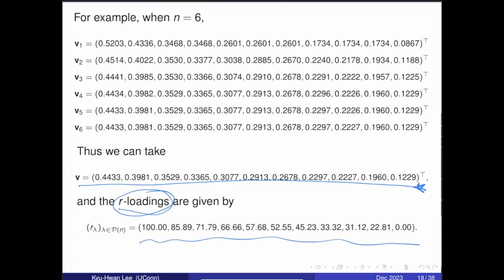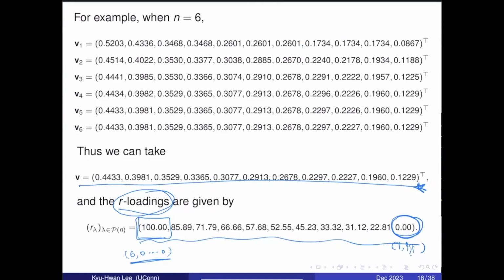Then as you can see, the first partition, 6, 0, 0, 0, 0, has a score or R loading of 100. And then 1, 1, 1, 1, 1, 1 has a score of 0. I mean, here score means R loading. It's because 6 is important to measure similitude, but 1, 1, 1, 1 is useless in some sense in measuring the similitude.